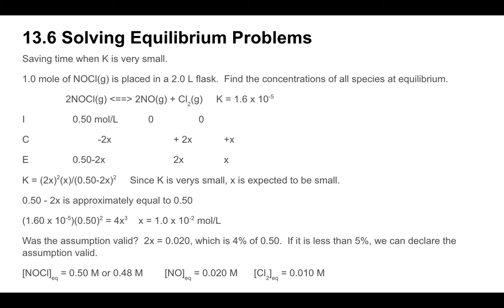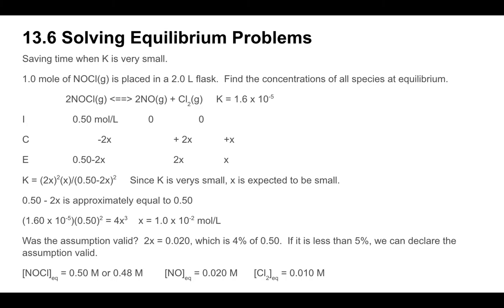However, since K is very small, we can expect the shift to the right to be a very small amount. You will not have to shift very far to the right to equal K, because K is a small number. You won't need much product to make this equilibrium work. So we're going to run with that idea. X is expected to be small.